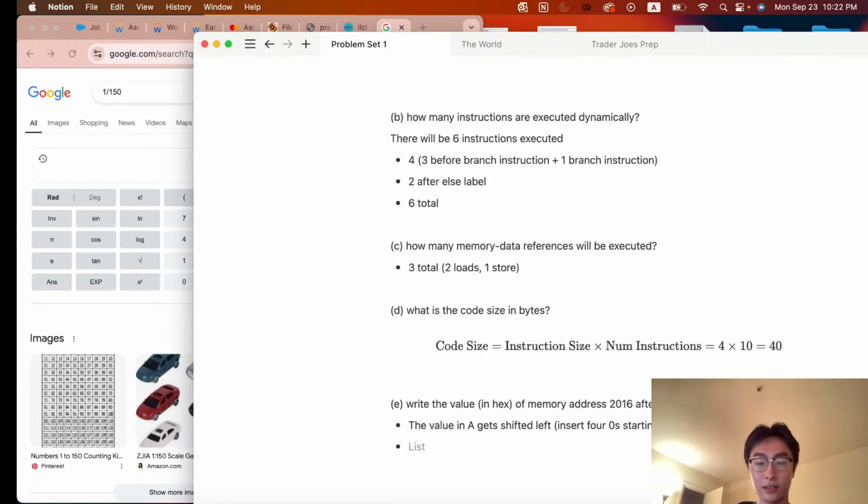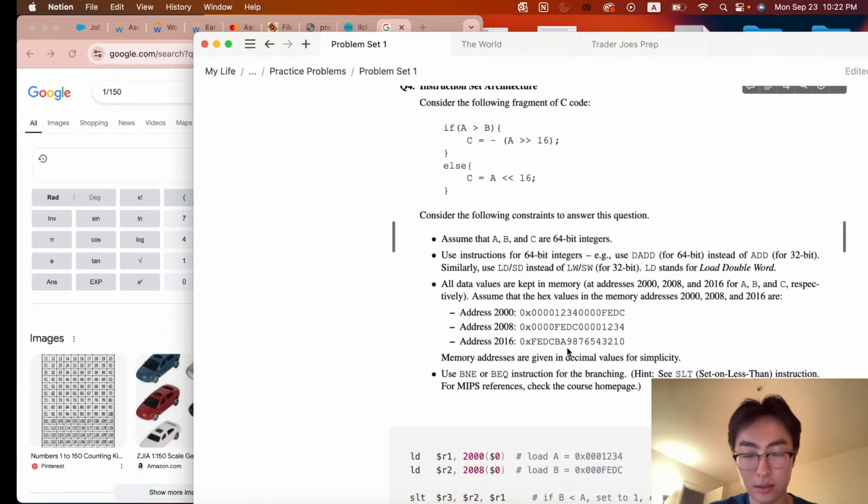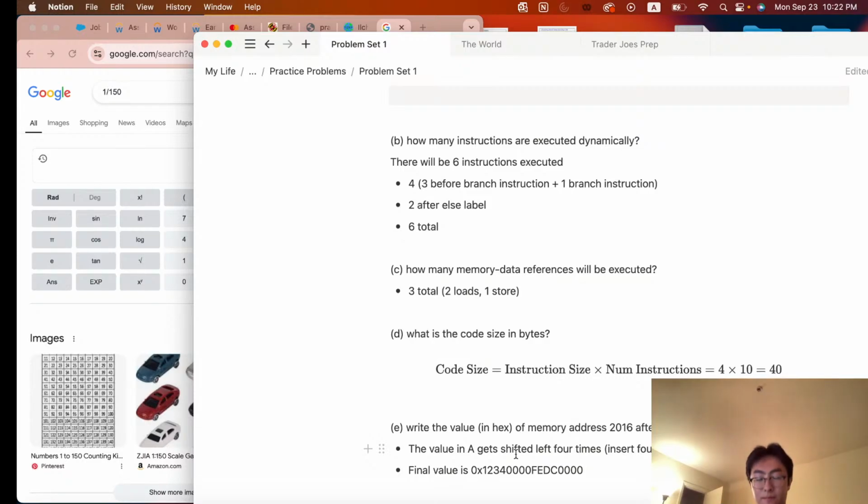The value in A gets shifted to the left 4 times. So final value is 0x1, 2, 3, 4, 0, 0, 0, FEDC 0, 0, 0. Okay. I think this should be good then. Got it. All right, nice.